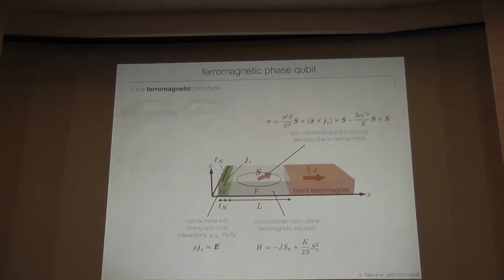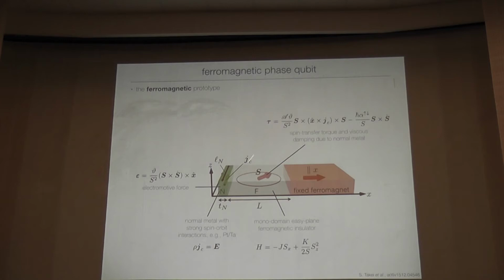And through spin transfer torque physics, there could be coupling of the electrical current to the monodomain magnet. So I'm going to include a torque term, the spin transfer torque that might be generated due to the charge current. And I'm also going to consider enhanced damping of the magnet due to its coupling to the neighboring normal metal. So that's this second term here.